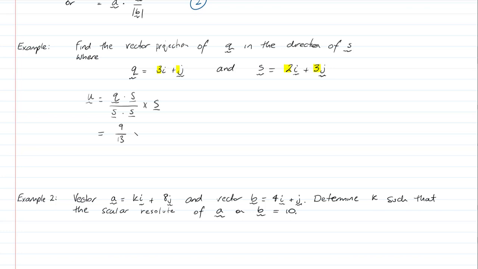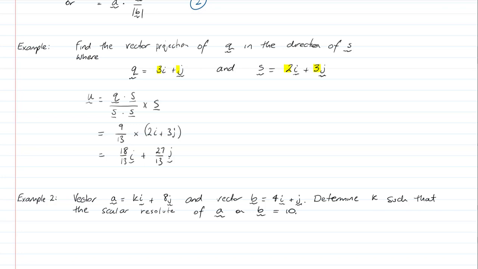Times 2i plus 3j. And I'm going to write this out as 18i, actually no, I'm not. I'm going to write 18 over 13 i plus 27 over 13 j. It's often a good idea to do our final answer still in component form, completely expanded component form.